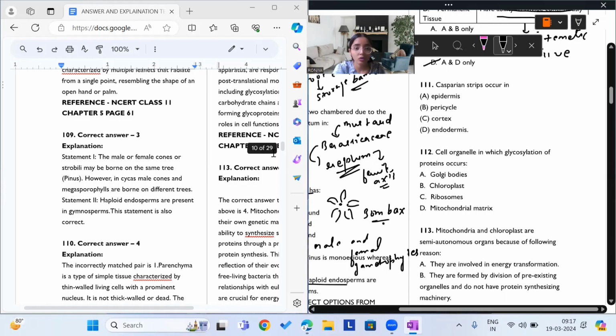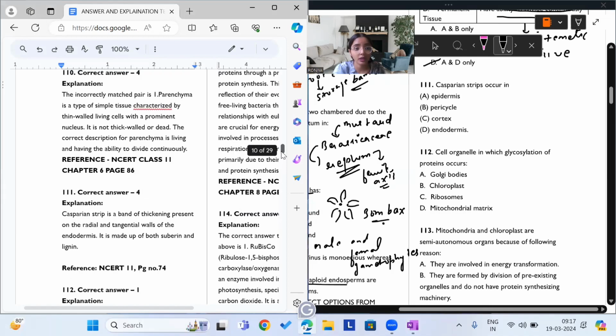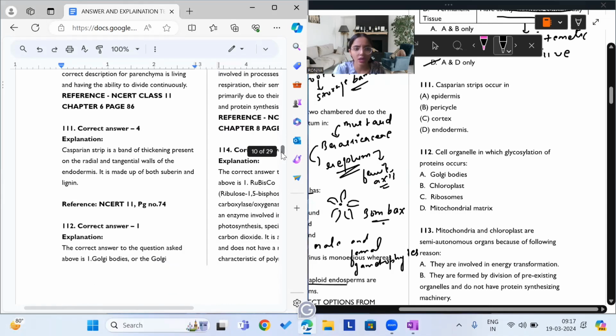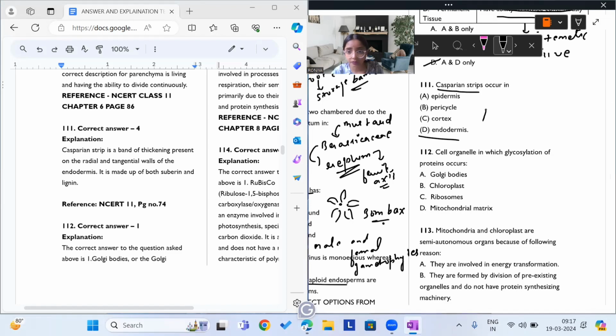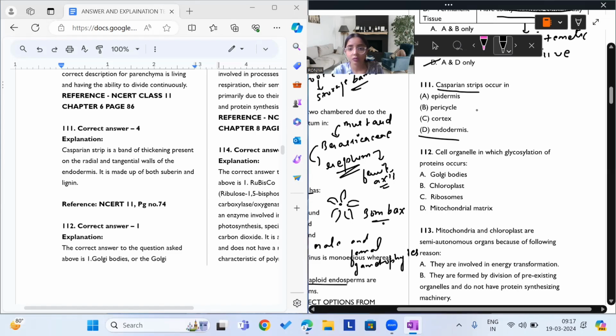Now let us move on to question 111. What does it say? Casparian strips occur in? It is a very easy question. Casparian strips are found in endodermis. So what are Casparian strips? Let's suppose these are endodermis cells.